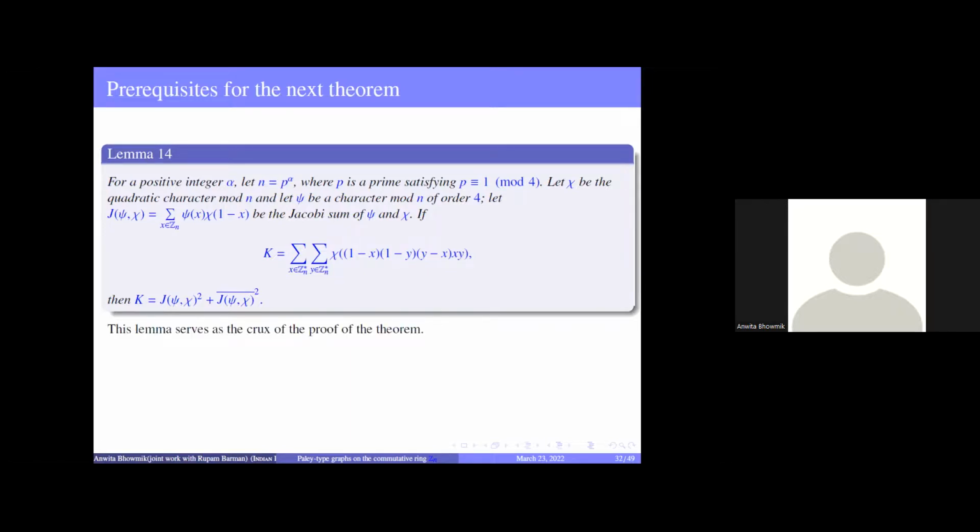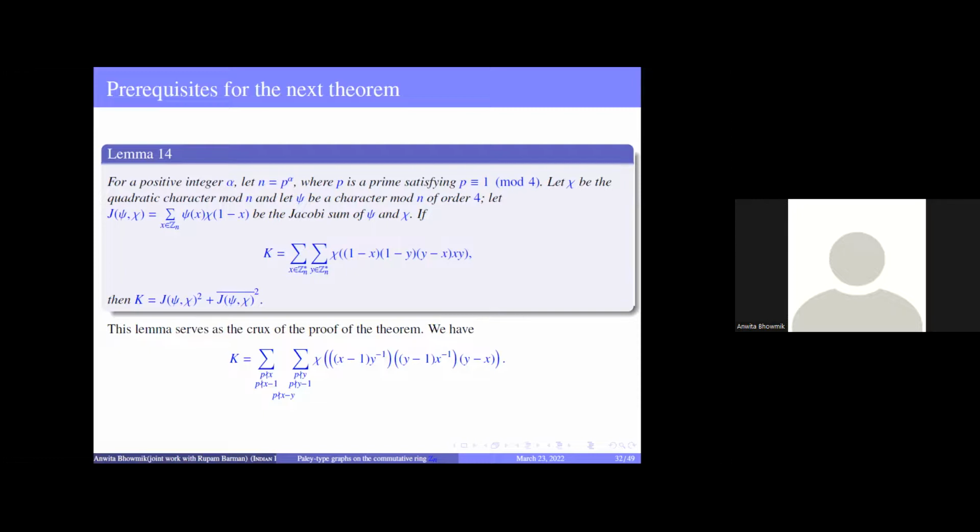To prove this, the method of the proof has been inspired from the paper of Ivanis, Kulam and Shihan. Since chi has order 2 and x and y in the sum are elements of Zn star, I can divide the term by chi of x square times chi of y square.